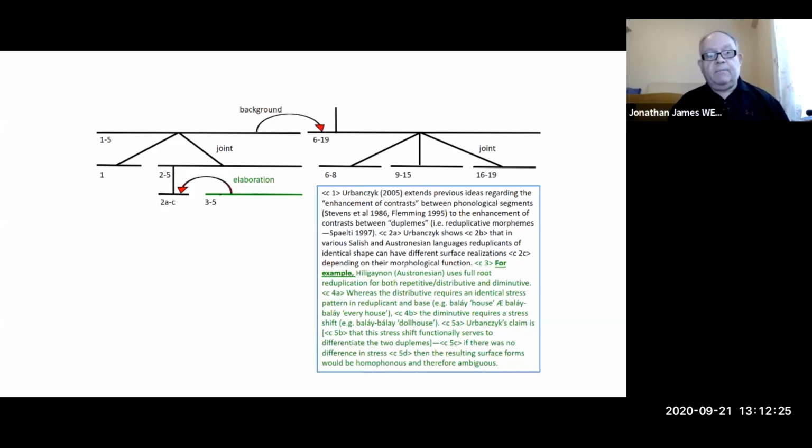They're signaling the coherent structure of the text. And that's what, for example, in 3, that's what it's about. It illustrates, that's elaboration. And the whole part that follows from 3 to 5 is all part of this kind of example they're giving. So we can treat that 3 through 5 all as one span of text.